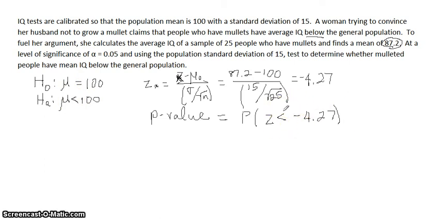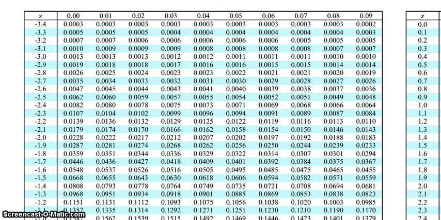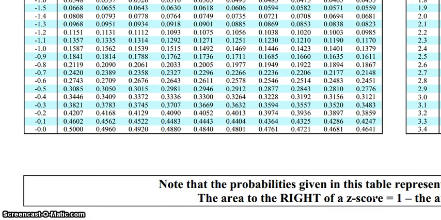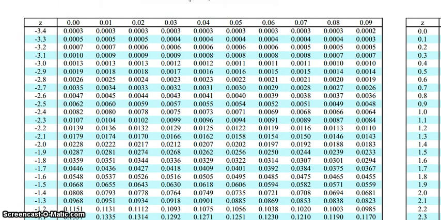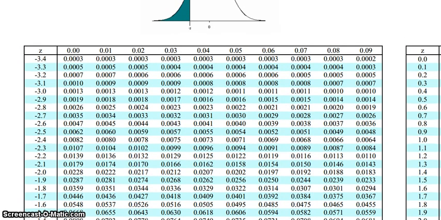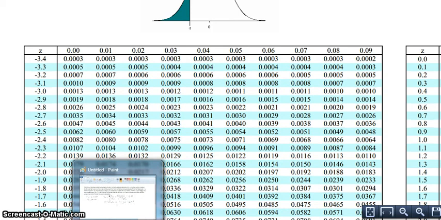Greater than in the alternative also means greater than in the p-value formula. If we look that up on our table, that's essentially 0. Anything to the left of negative 3.49, we can call 0.0001, because that's really the closest thing we have to it.